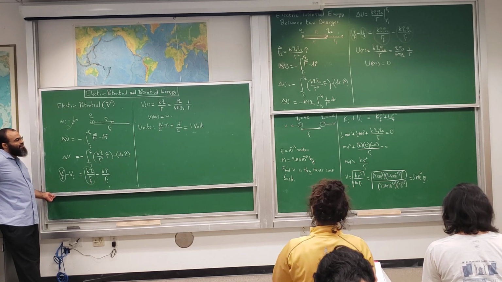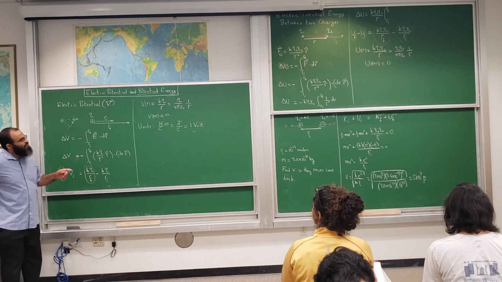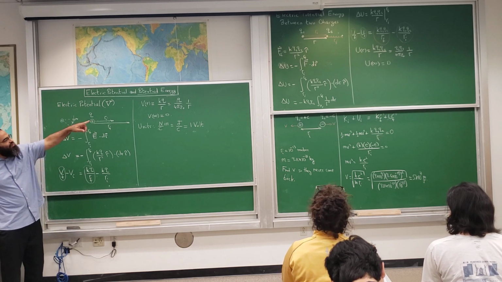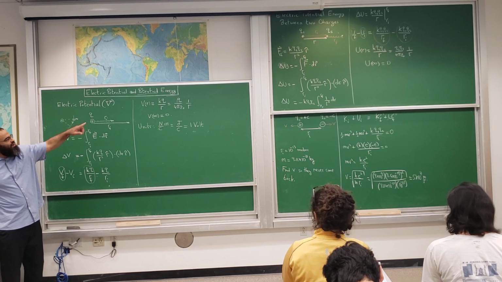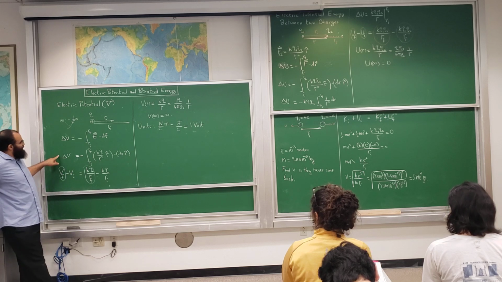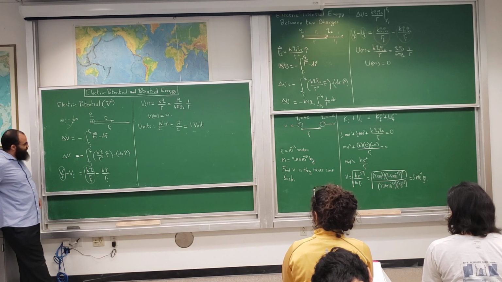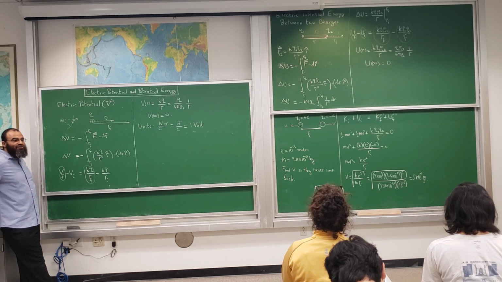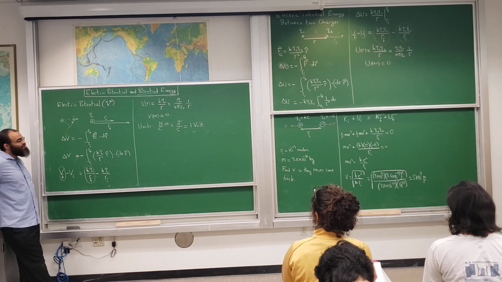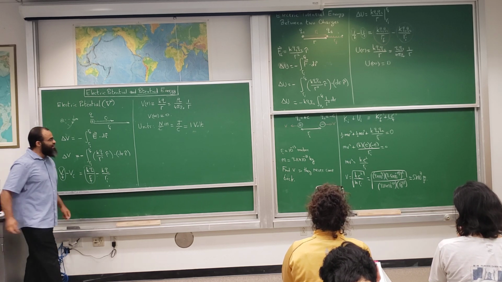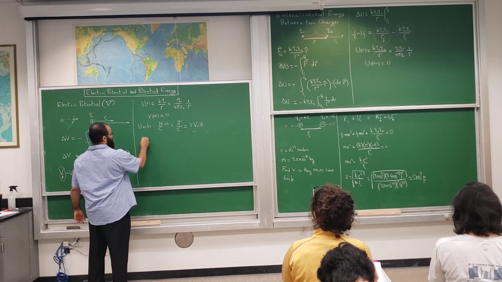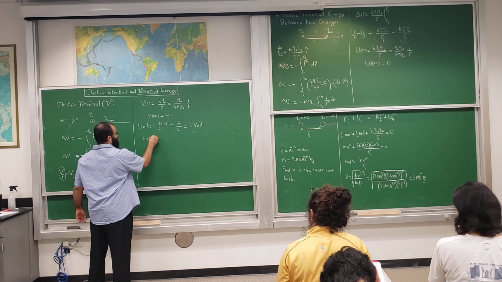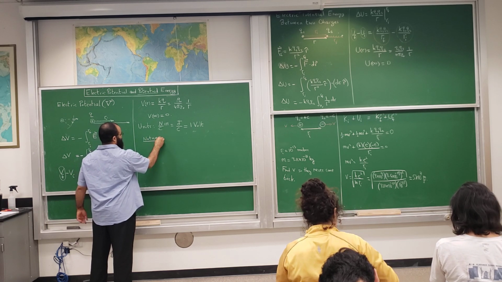Now notice, what's the difference? Look at the two equations for U and V. What's the difference? Yeah, just one charge, right? There's just a charge. I'm going to come back to the units again.